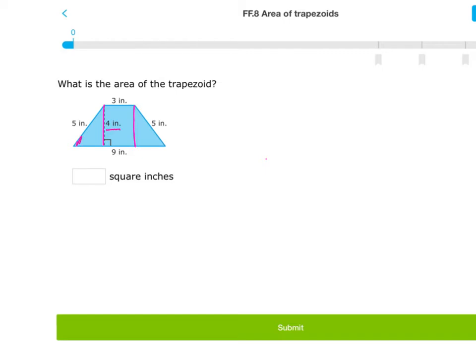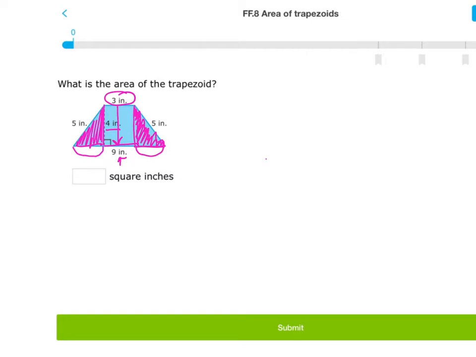So to find the area of this triangle, I need this distance from here to here. And I know that these 2 triangles together, plus 3, make up this whole distance across.